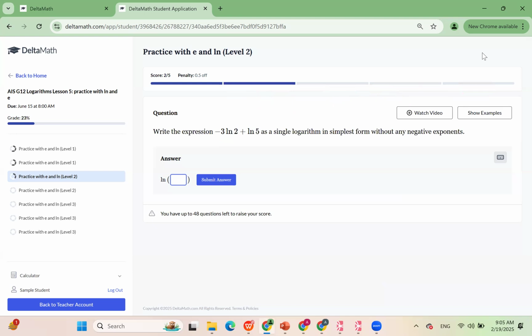Write the expression negative 3 ln 2 plus ln 5 as a single logarithm in simplest form without any negative exponents. Again, we're going to first take the power inside. So we have negative 3 outside. This becomes ln 2 power negative 3 plus ln 5. And then we can multiply the terms inside.